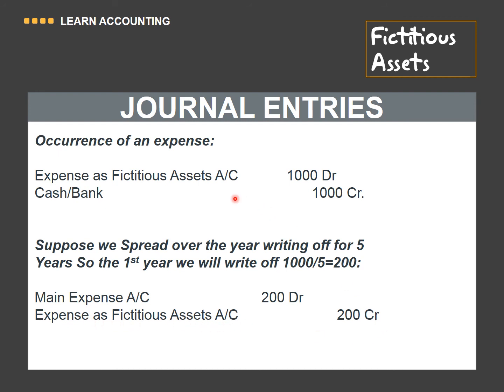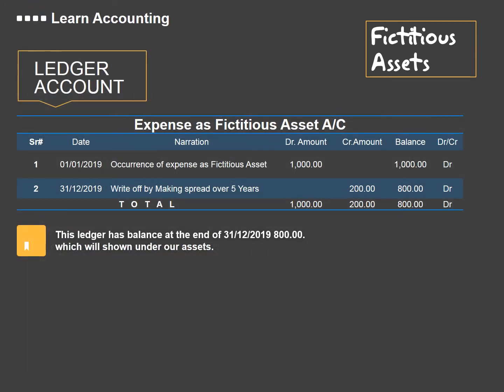So let's discuss further. We will see the ledger account for this fictitious asset, expense or loss. The ledger account shows the 1000 which we debited when this asset or expense happened. When we spend a bundle of money at one time, like $1000, we make it a debit.